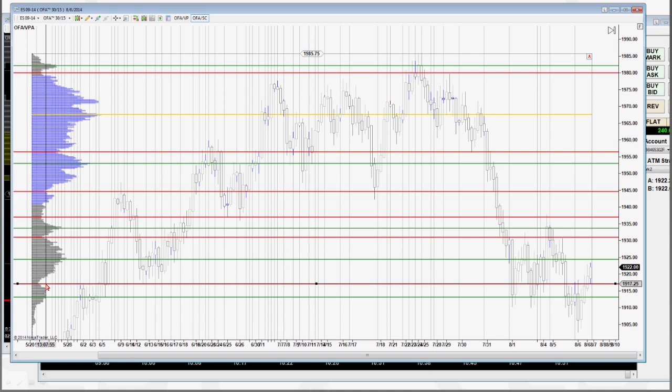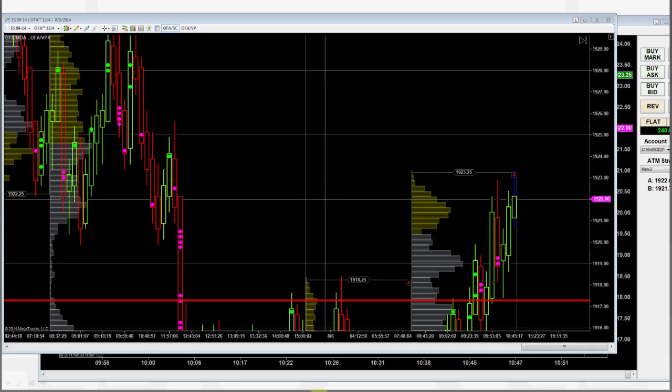Now remember, once price gets above that level with any kind of strength, remember all a low volume area is an unfair high and an unfair low. The day confirmed a little bit of a low volume area, but once price gets above that level with any kind of strength, I'm looking at it as an unfair low.